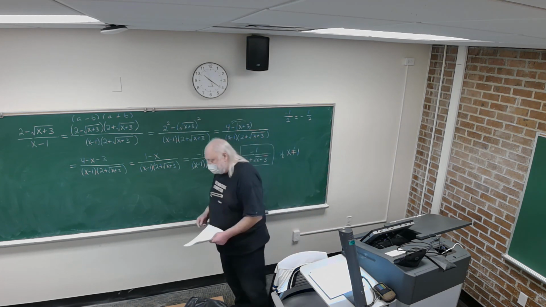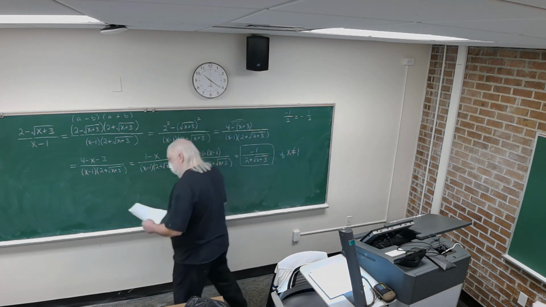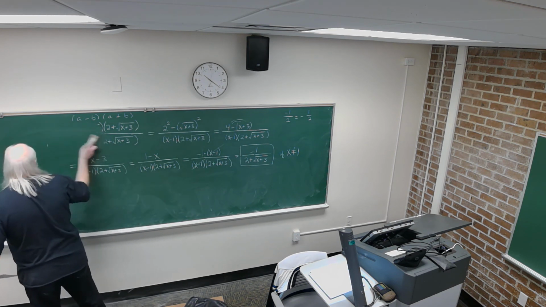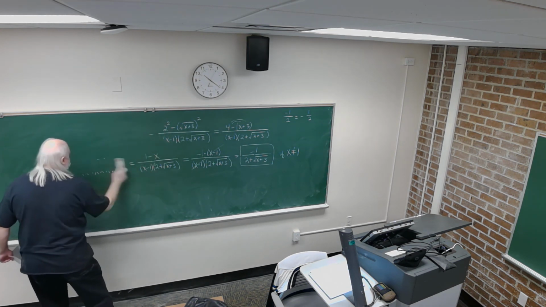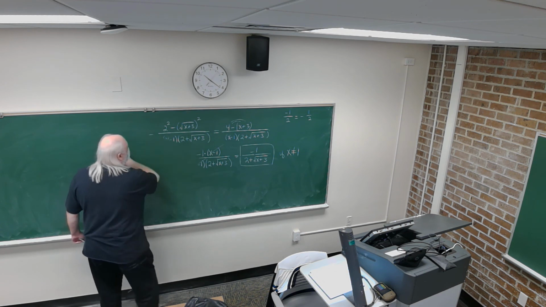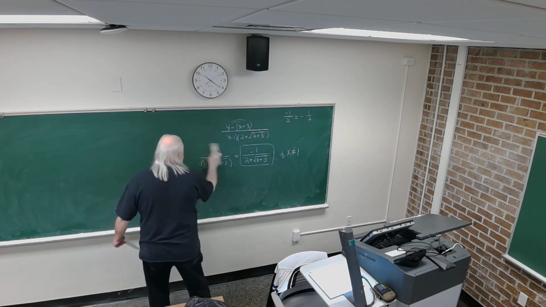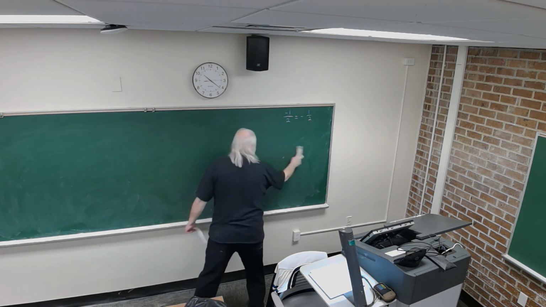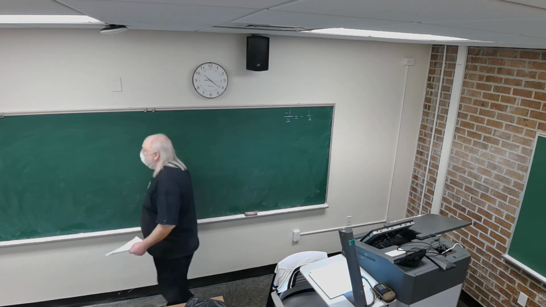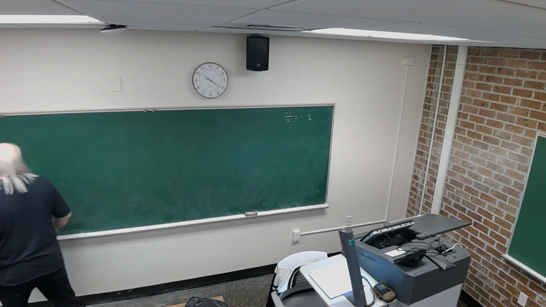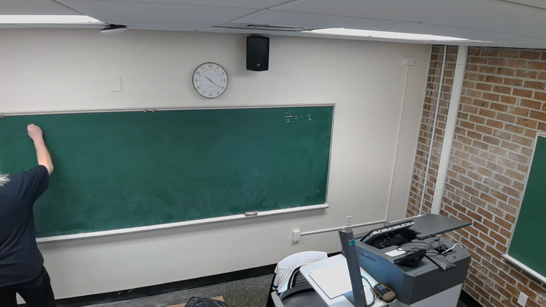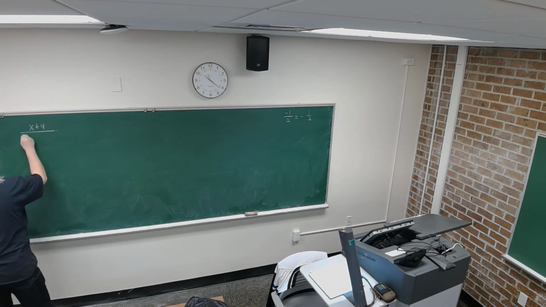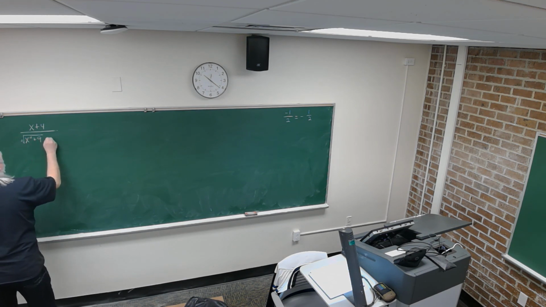So now let's do the next one where we rationalize the denominator, and then we'll take our quiz. In rationalizing the denominator, we have to get rid of the square root in the denominator. To do that, we multiply top and bottom by the conjugate of the denominator. So we have x plus 4 over square root of x squared plus 9 minus 5.